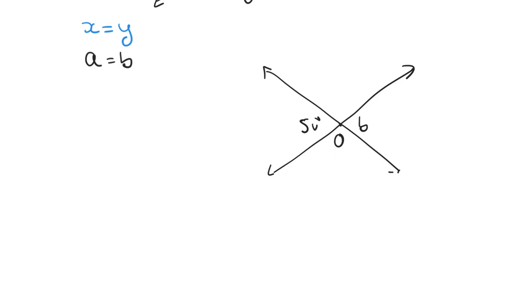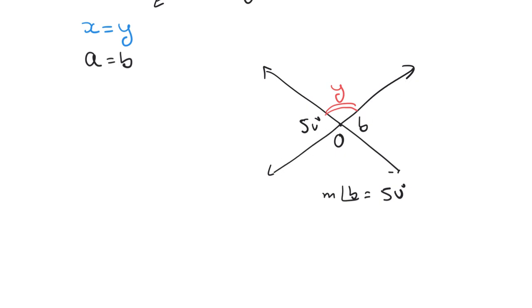The measure of angle B will also be 50 degrees. Good. Okay. If this is 50 degrees, can you tell me what angle Y will be? Remember, is this a straight line?